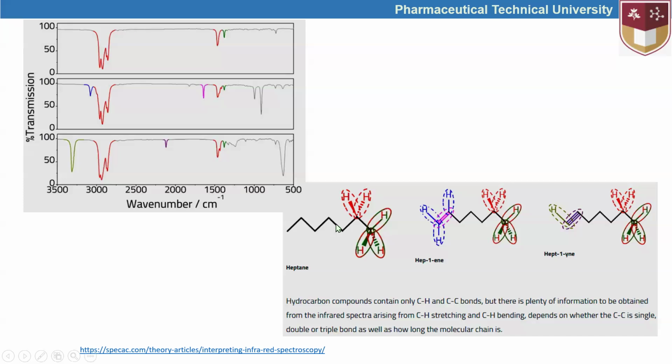So comparing the heptane and heptene, by finding this kind of interaction, we can find out that this spectrum belongs to heptene, resulting from carbon-carbon interactions at this point.